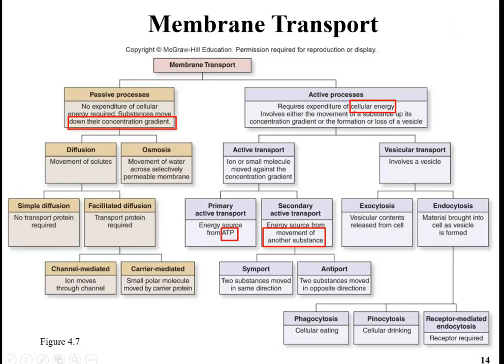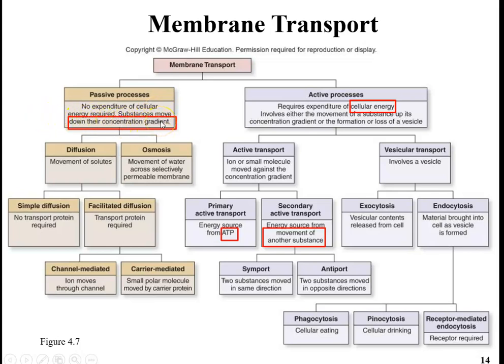So this is a very useful flow chart going over the different membrane transport methods that the cell uses. For example, the first division here is between passive processes and active processes. Passive processes require no energy from the cell, and this is where substances move down their concentration gradient, right?